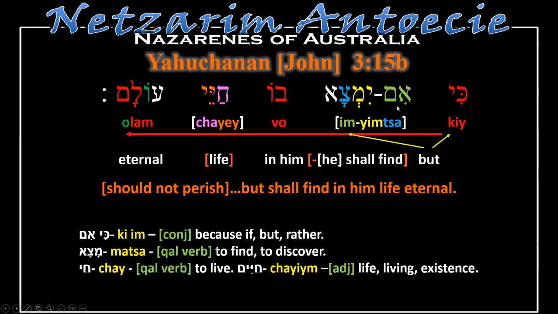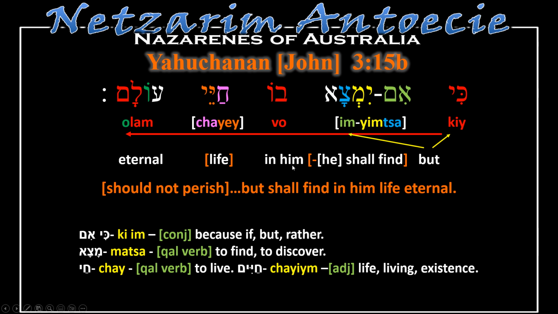Ki im is usually translated as but. And we look down there, ki im is a conjunction meaning because, if, but, rather. So you'll find it often as but when it's together, ki im. But yimtza, he shall find. And I'll put he because no pronoun usually means he. Right? It could mean it, but in this case, he shall find.